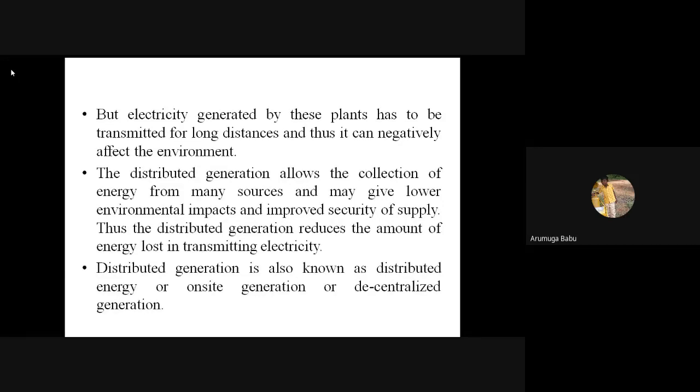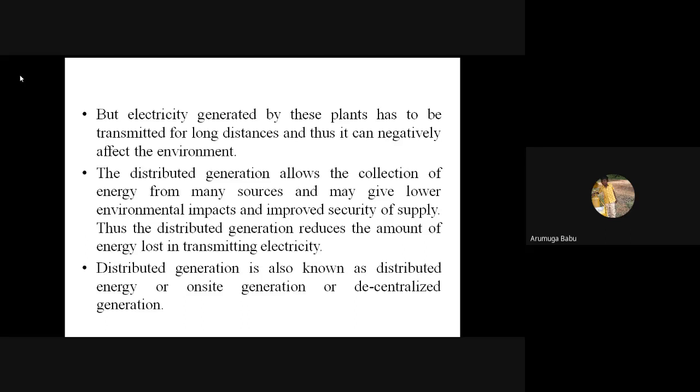Power is generated in remote places. If you are taking a hydro power plant, it will be generated near a dam or a mountain likewise. So it has to be transmitted over long distance to the consumer side. While transmitting over long distance, more electrical losses will take place in the transmission side and the distribution side.